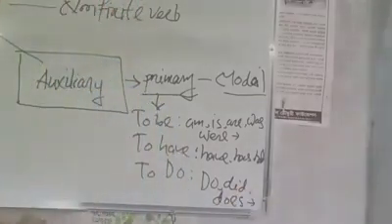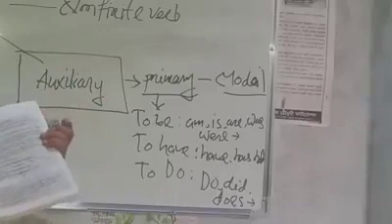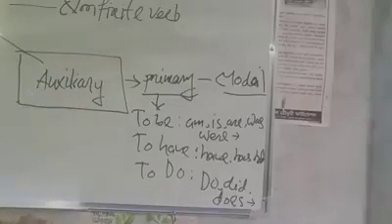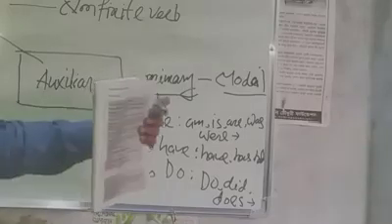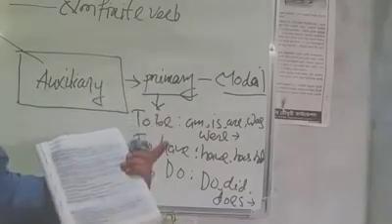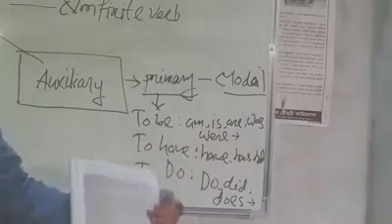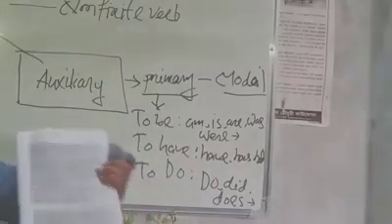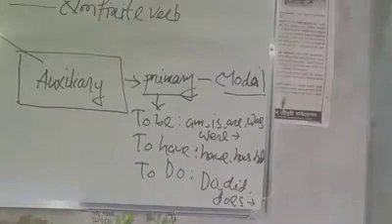Dear student, have a look please. Auxiliaries are of two kinds, primary auxiliaries and modal auxiliaries. Primary auxiliaries are three verbs: to be, to have, and to do. To be has five members: am, is, are, was, were.